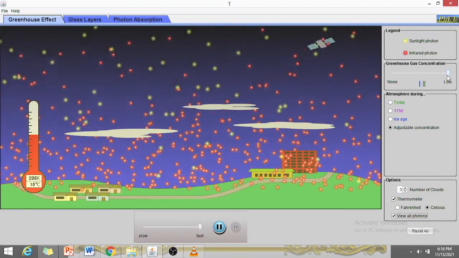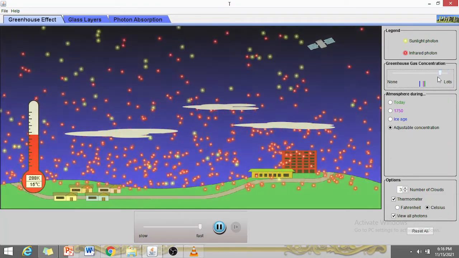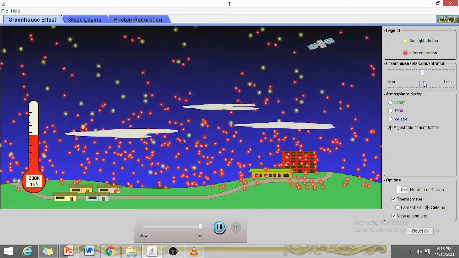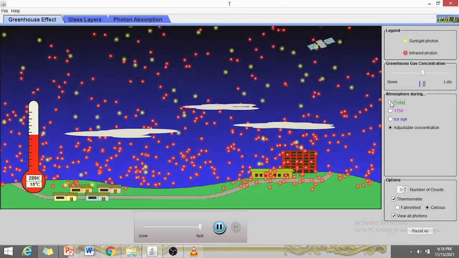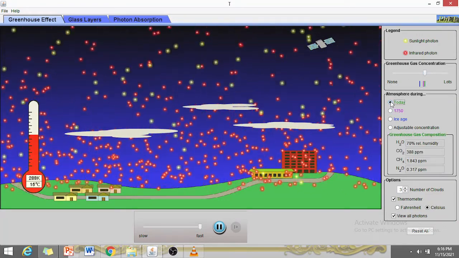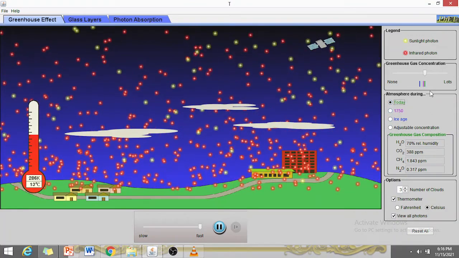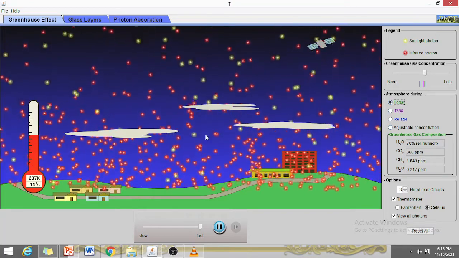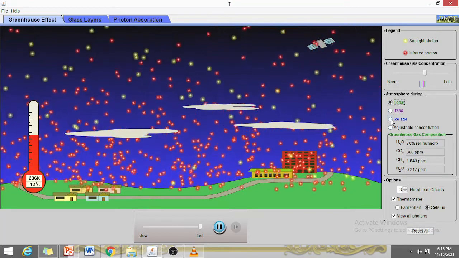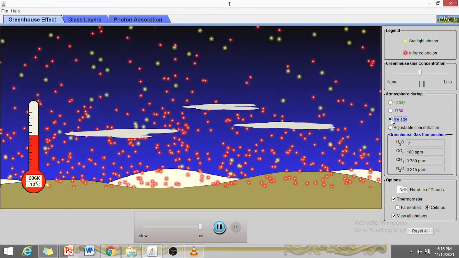Pero, sabi nga 'di ba ni Aristotle, lahat ng kulang ay masama, lahat ng sobra ay masama din. So, dapat tama lang. So, today, ito yung concentration ng mga greenhouse gases. Okay, nakikita nyo to? Okay, during the Ice Age, ito naman po yung concentration ng greenhouse gases. Medyo kakaunti.